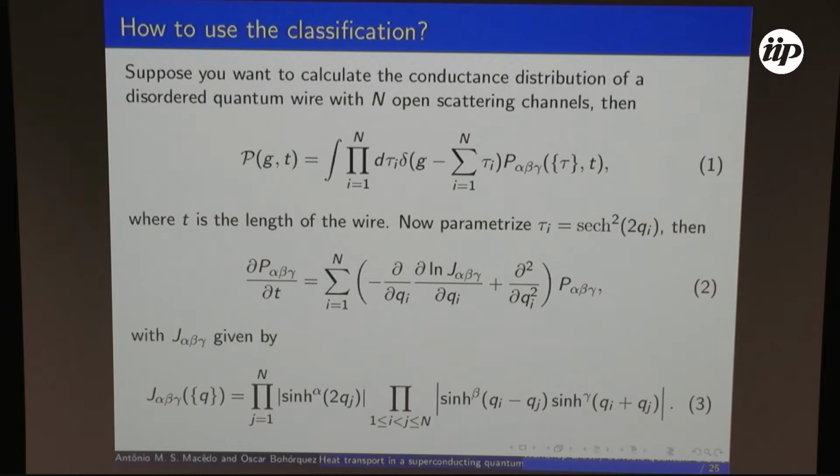And suppose, also to make it a very simple statement, that you want to understand how this conductance distribution changes with the length of the wire. Suppose it's a continuous wire connecting these two reservoirs. And what you know is that, in this symmetric space representation, you have a free diffusion in the symmetric space. And the free diffusion in the symmetric space includes a Jacobian.